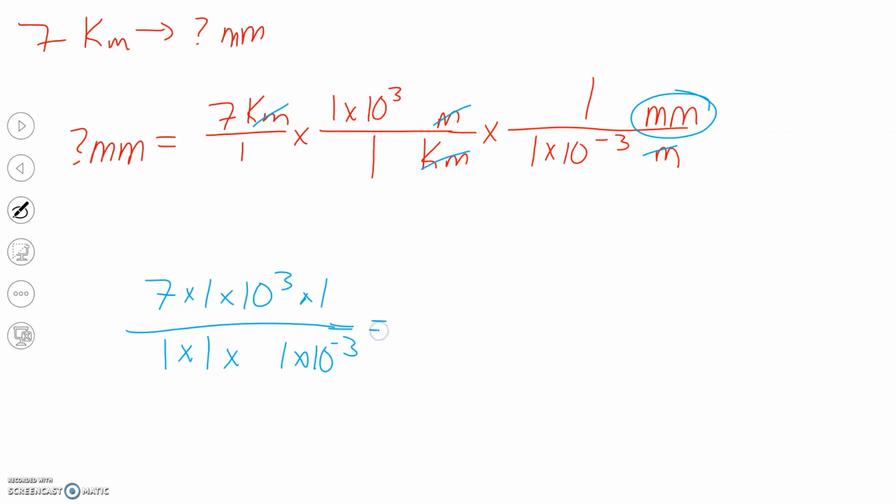And then that equals, if we stop and look, 7 times 10 to the 6th millimeters is our answer for this one. Or you can even write 7.0. Doesn't really matter. But that's how you do two-step metric conversions.